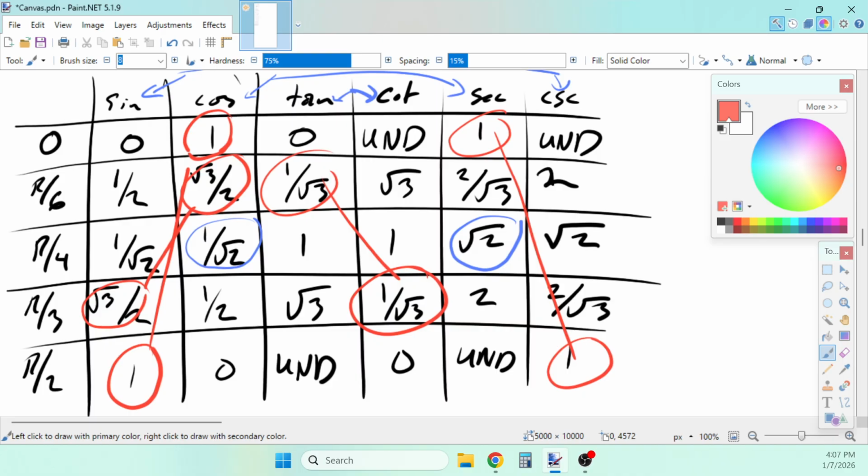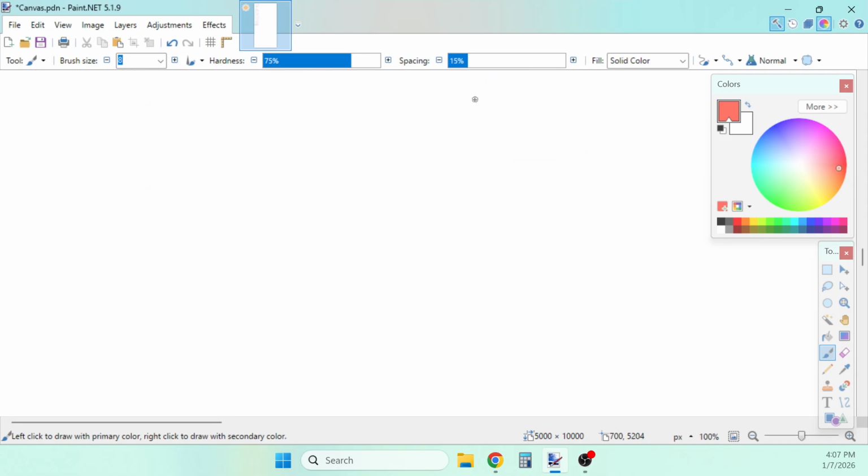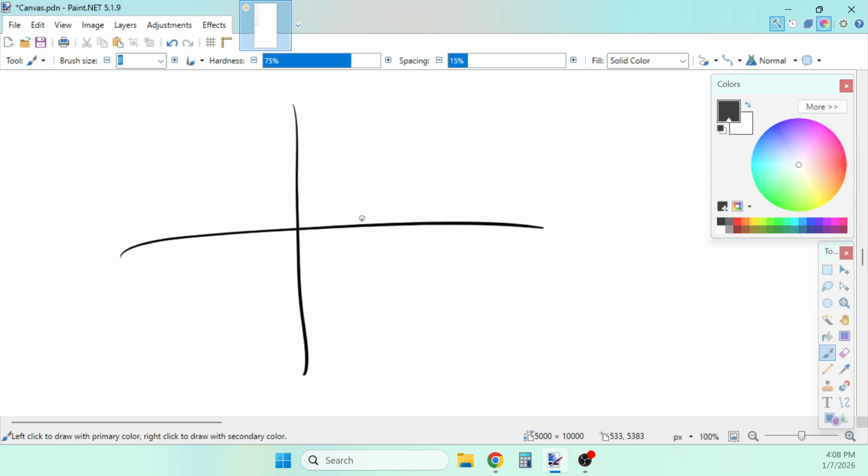So now we want to talk about which functions are positive and which functions are negative in the 4 quadrants of the unit circle. So if I draw a circle of radius 1 centered at the origin, that means that the radius is 1.